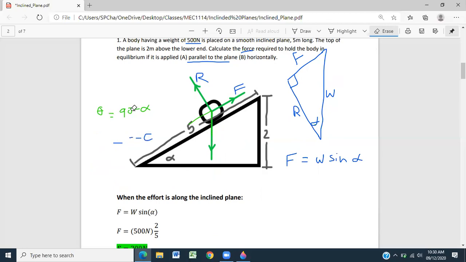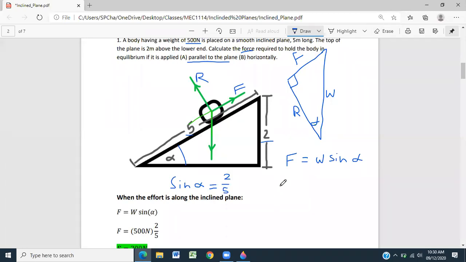F over W is equal to sine alpha, sine the angle. Then just carry over the W, so F is equal to W sine alpha. So this alpha is also this alpha. Different triangles, but same alpha, same angle. And sine of that angle in this triangle is equal to 2 over 5.